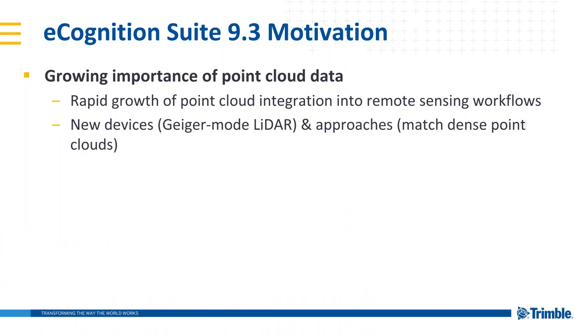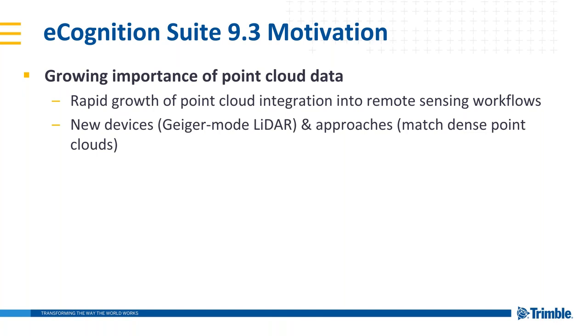For the eCognition suite version 9.3, we had several primary motivating factors in our software updates and changes. First was the growing importance that we see in the industry of point cloud data: the growth of point cloud data integration into remote sensing workflows, as well as the oncoming devices, such as Geiger mode LiDAR, or new approaches in generating point clouds such as match dense point clouds from photogrammetric sources.